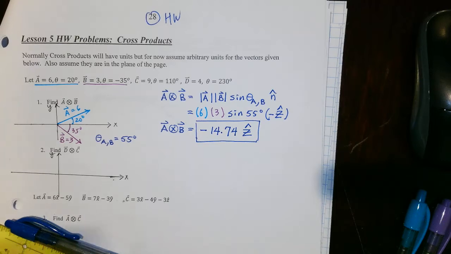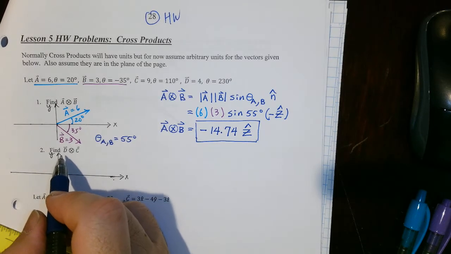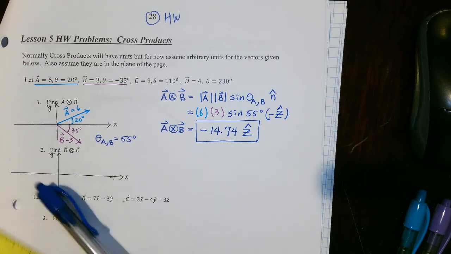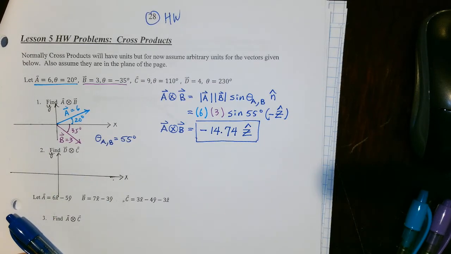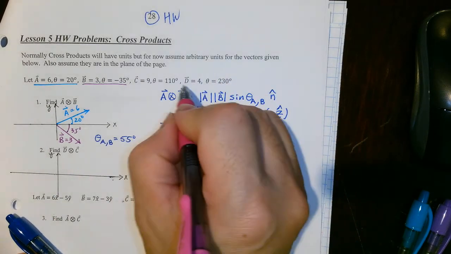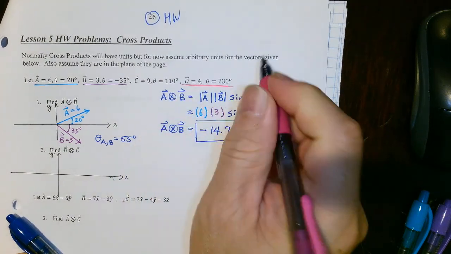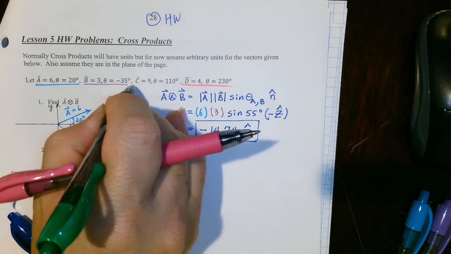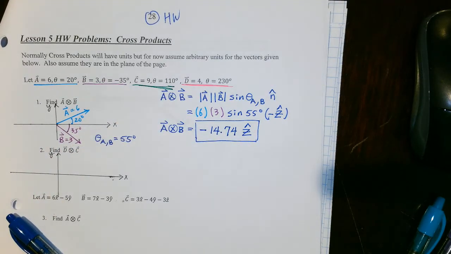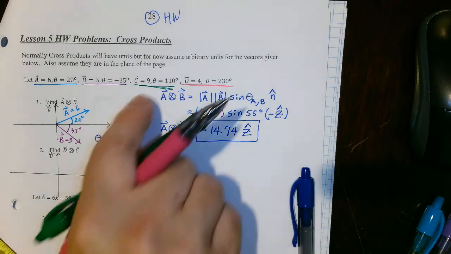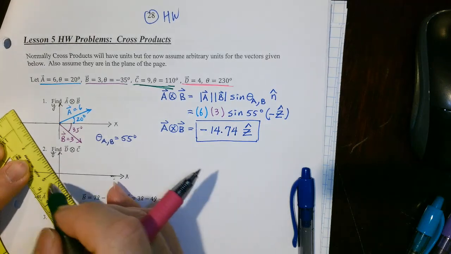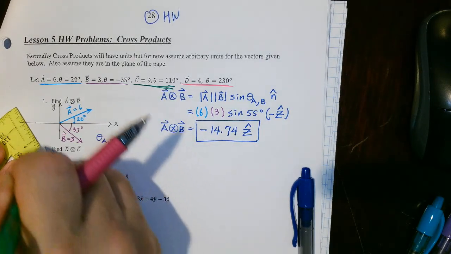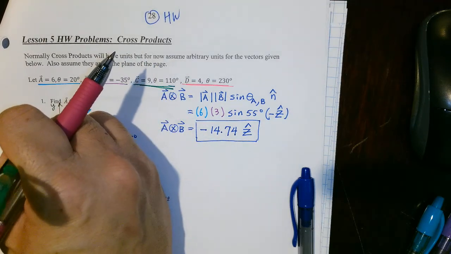Now, we're going to do D cross C. All right, so D, which we will do in pink, and then C in green. Okay, so C vector is 9 units long and it's along 110 degrees. All right, so here's C vector.